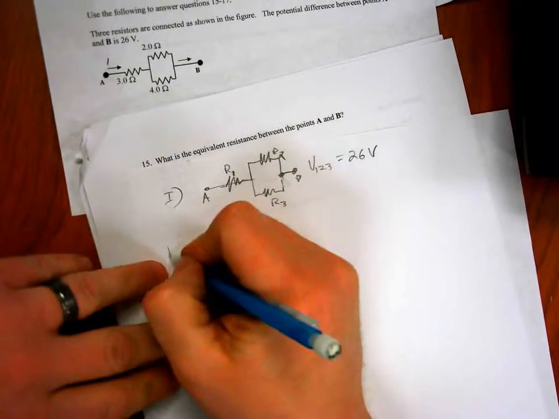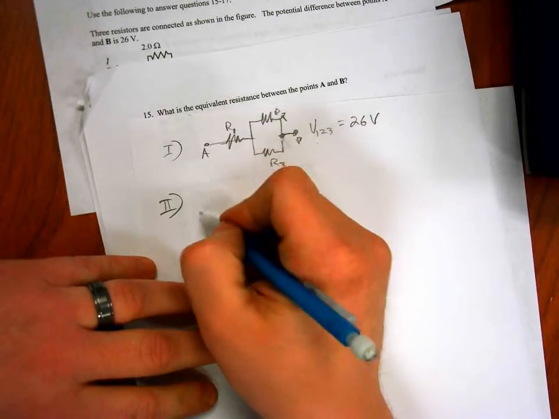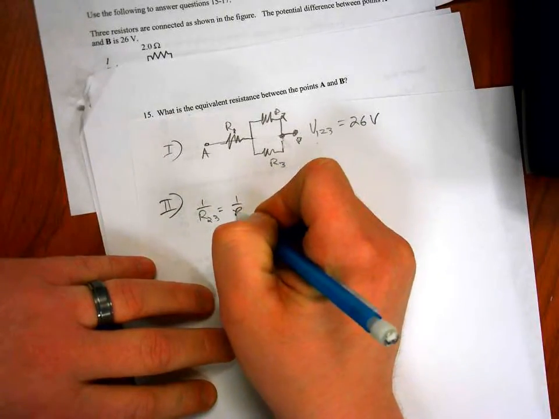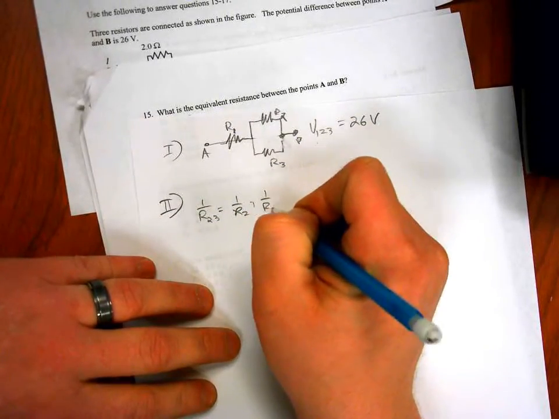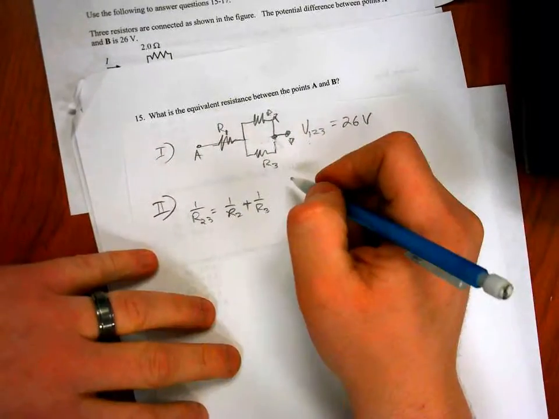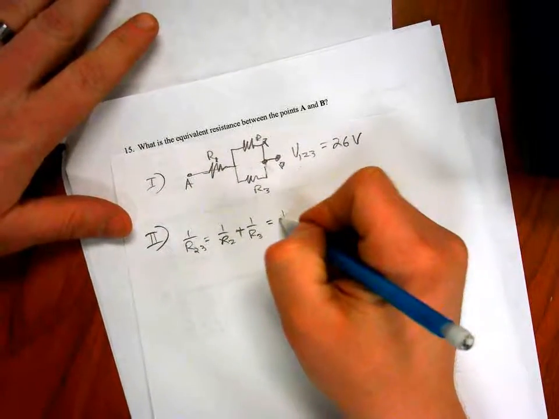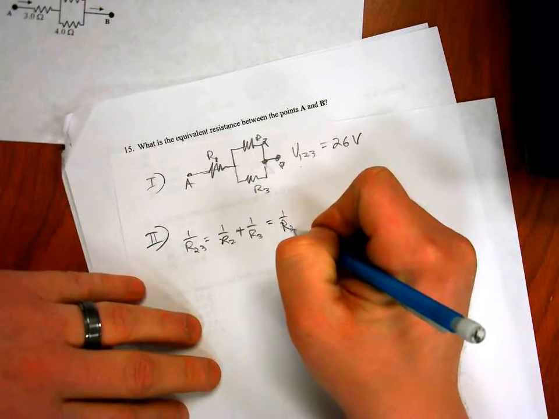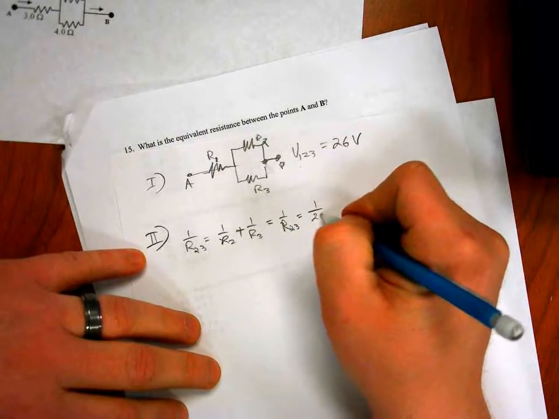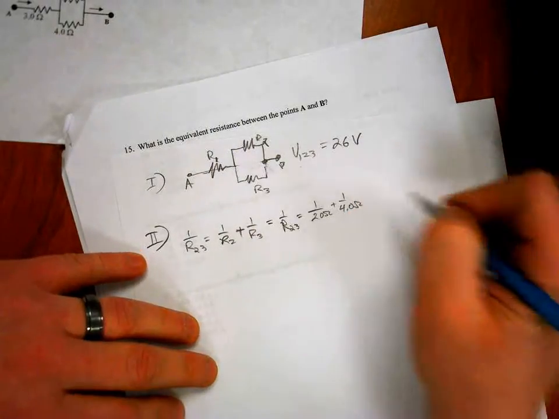Now I'm going to come down here to part 2, and I'm going to start by combining these two. So 1 over R23 is equal to 1 over R2 plus 1 over R3. I can say then that 1 over R23 is equal to 1 over 2 ohms plus 1 over 4 ohms.